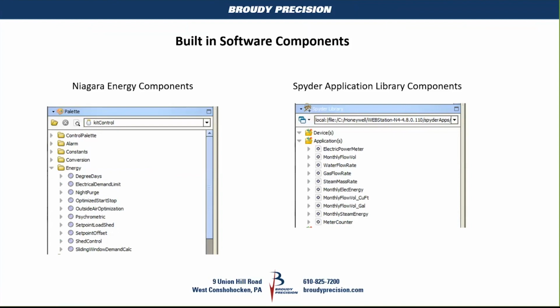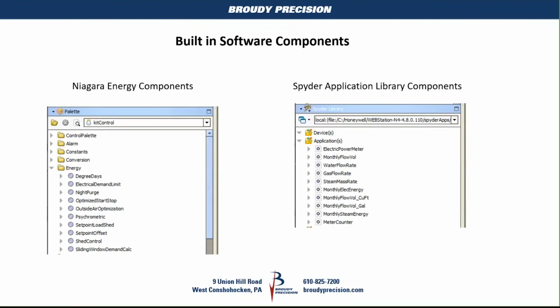And this goes back into the AX world as well as the N4. So these components are available to us. You don't have to program anything. You have to piece it together and apply it to your equipment. But the building blocks are here, built into your Niagara components to do all of these strategies I just discussed.